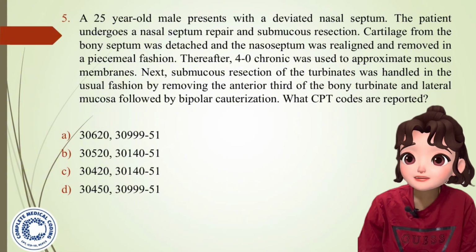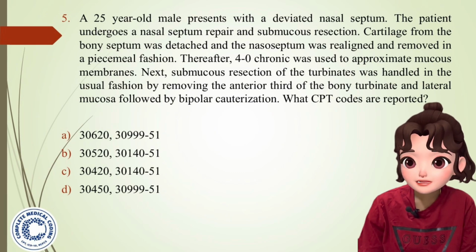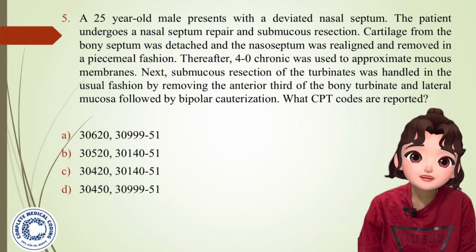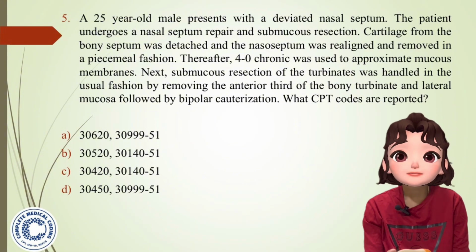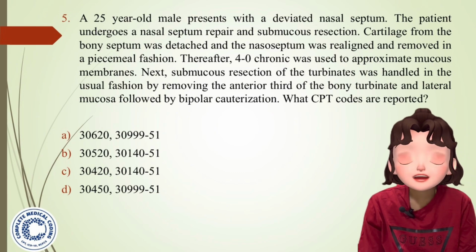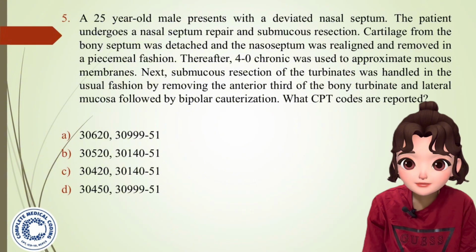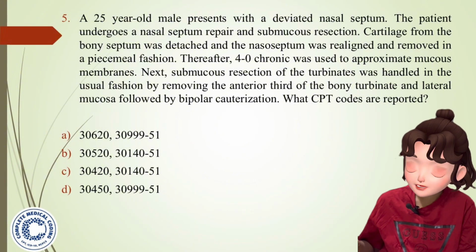Next, submucous resection of the turbinates was handled in the usual fashion by removing the anterior third of the bony turbinate and lateral mucosa, followed by bipolar cauterization. So, what CPT codes are reported here? What is the procedure carried out? Nasal septum repair and submucous resection. The remaining is how the procedure is carried out. Anyway, let's go to the options and find out the codes.